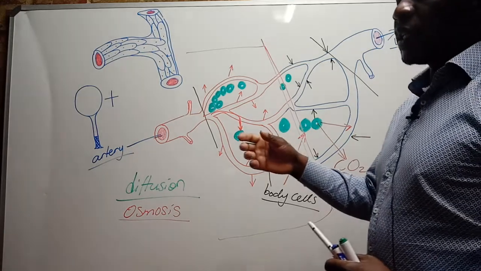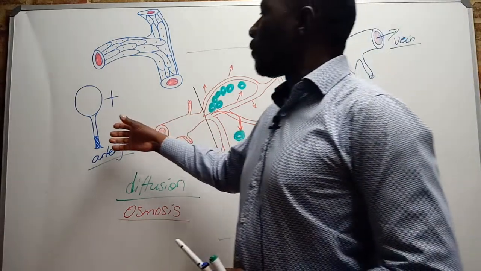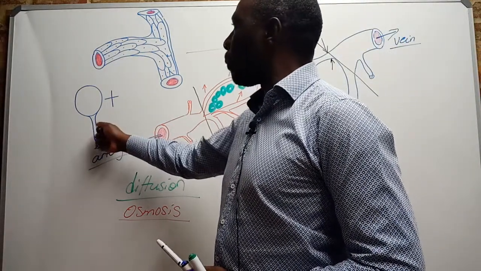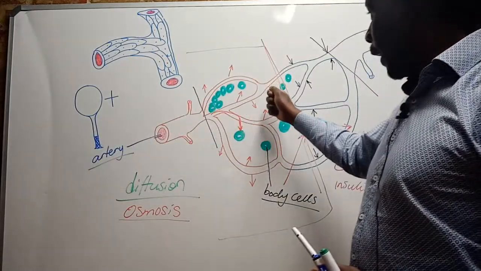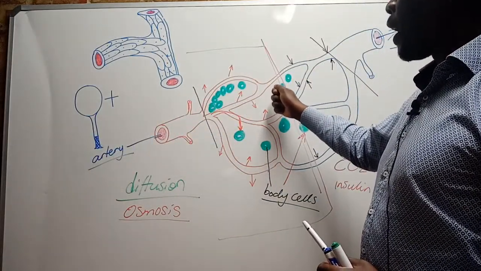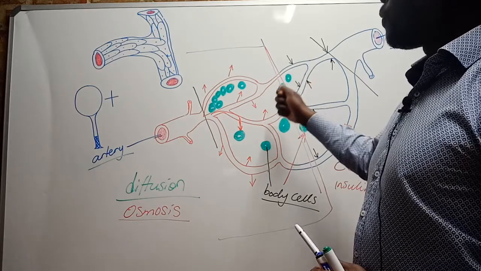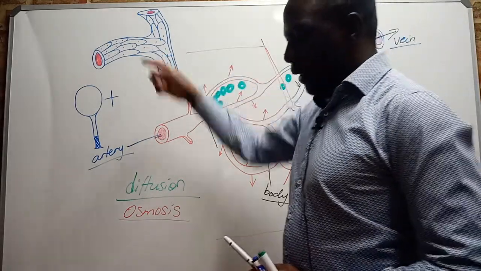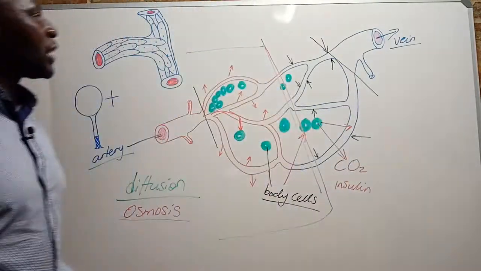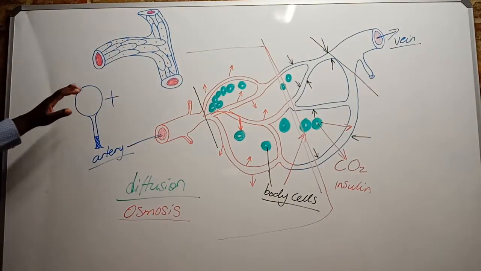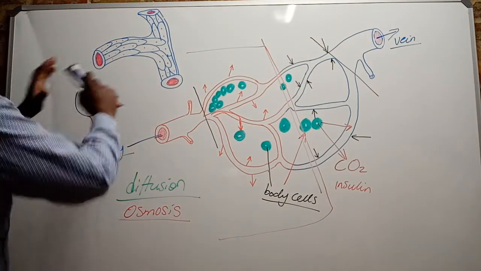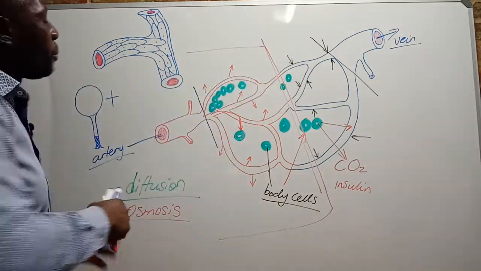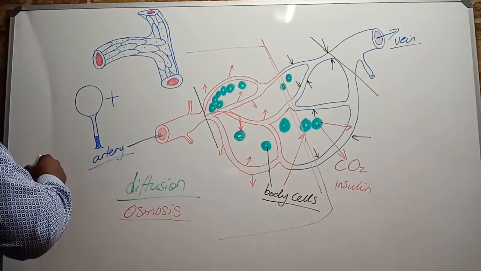So if we take our magnifying glass or our microscope here and we zoom in to any of our capillary veins, you will find that the capillary tubes will look like this. So this is how the capillary tube has biologically adapted to perform the functions that we were talking about.